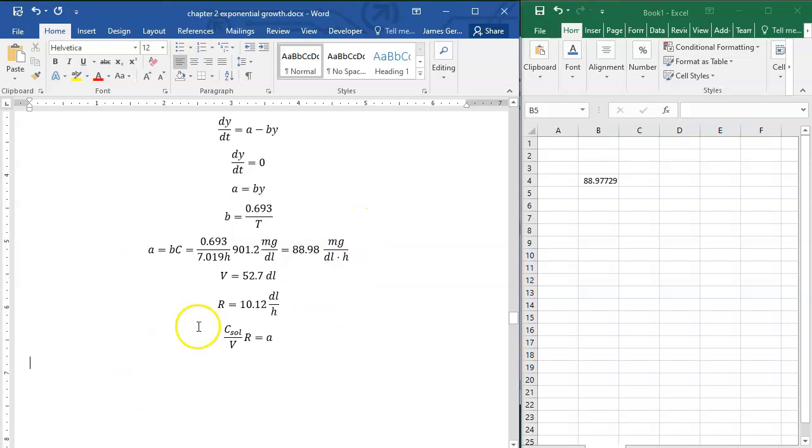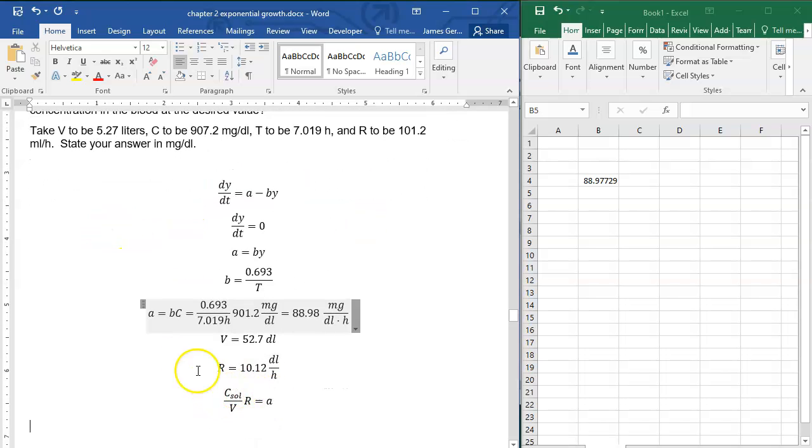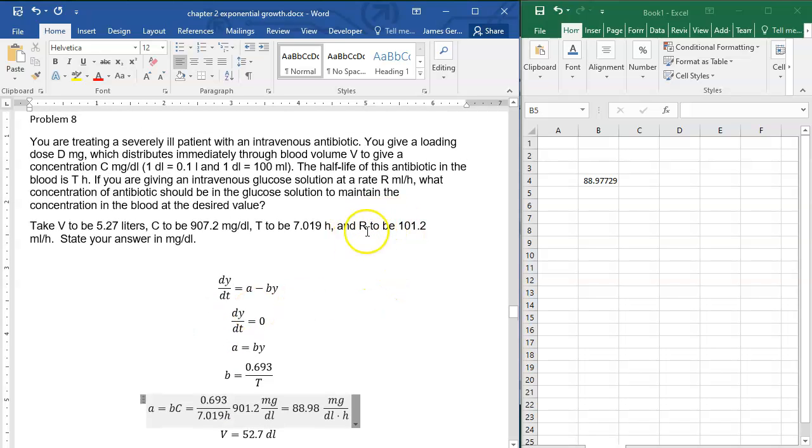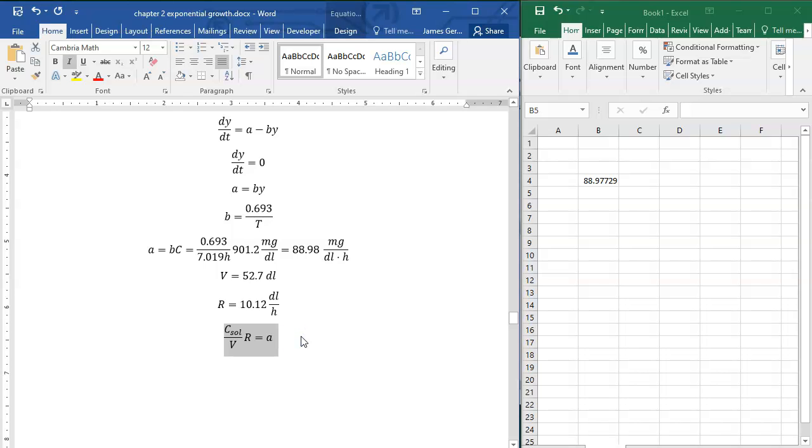This is the concentration in this fluid, all right? Let me go the other way.